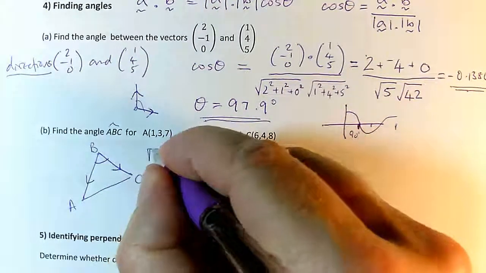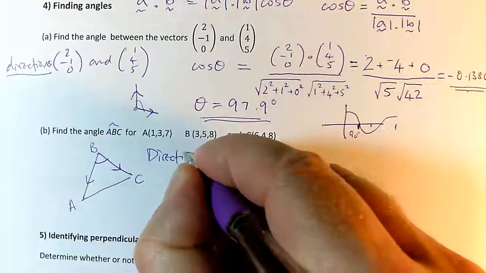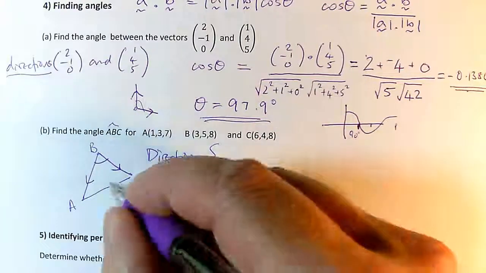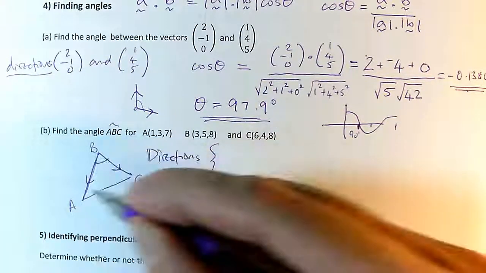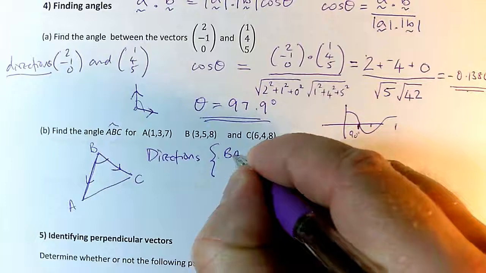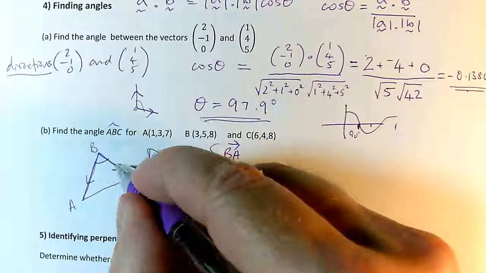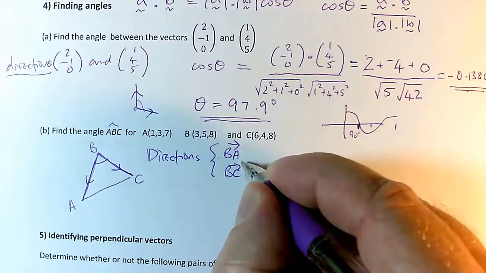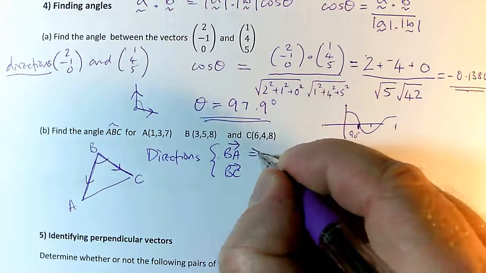So my 2 directions, remember for the template, we need 2 directions as column vectors. My 2 directions are going to be, this one is not AB, it's BA. So my vectors I need are BA, and the other one is this one, which is from B to C. How do I work out vector BA? Well, it's the subtraction recipe.